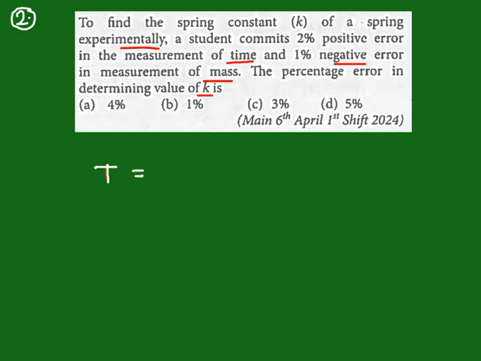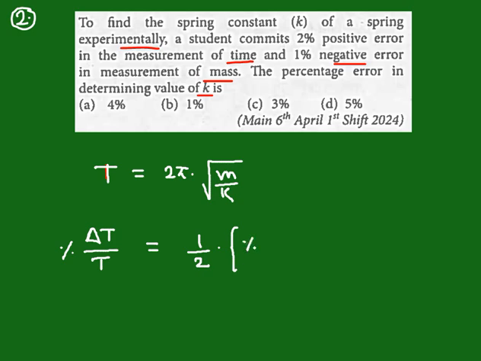We know T equals 2 pi under root m by K. So applying the concept of error, again the best theory is written in chapter number 1 NCERT, you can check it from there.